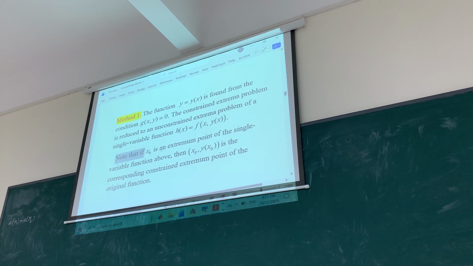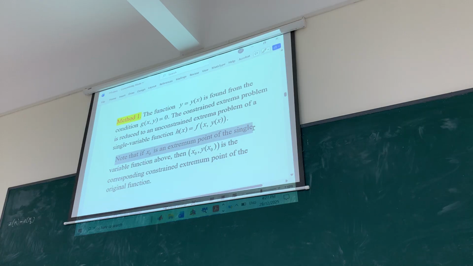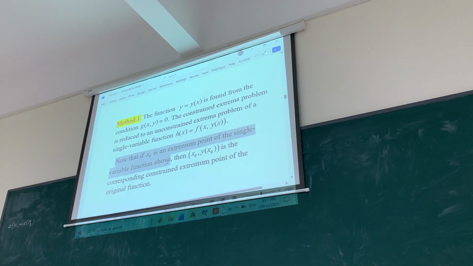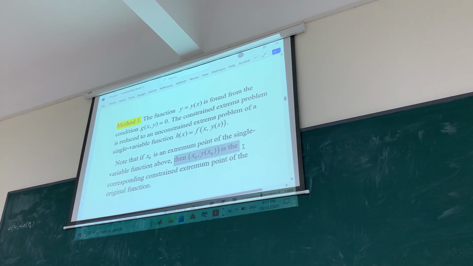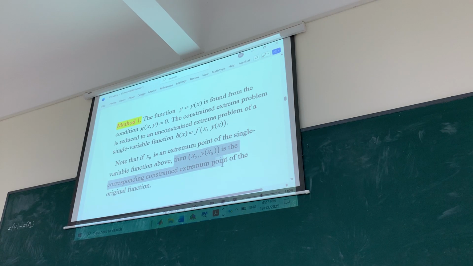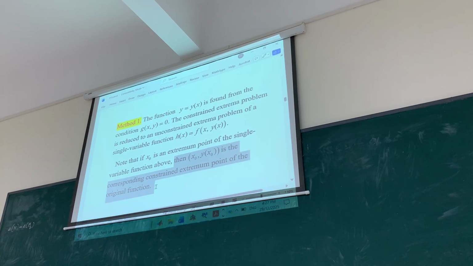We have the property: if x0 is an extreme point of the single variable function above, then the point (x0, y(x0)) is a corresponding constrained extrema point of the original function.